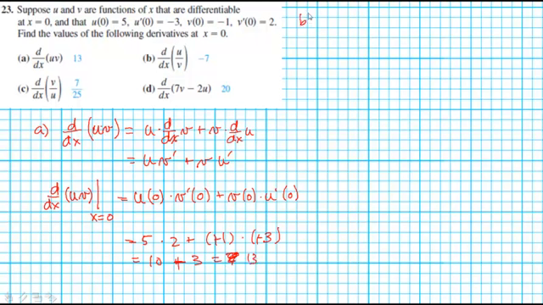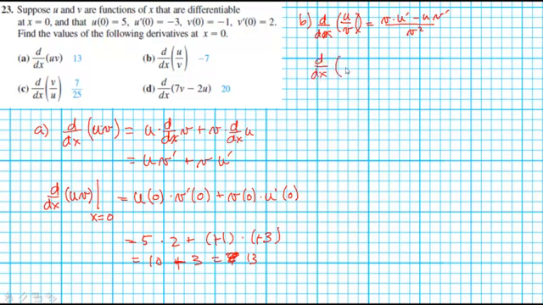Let's take a look at the B problem. It's the derivative with respect to x of u over v. Again, that's the quotient rule, so that is going to be the bottom times the derivative of the top minus the top times the derivative of the bottom, all over the bottom squared.